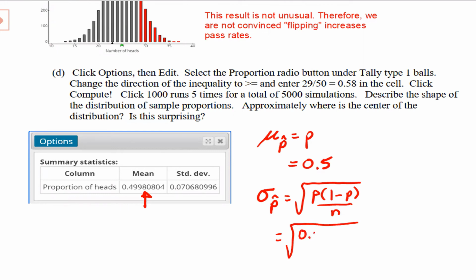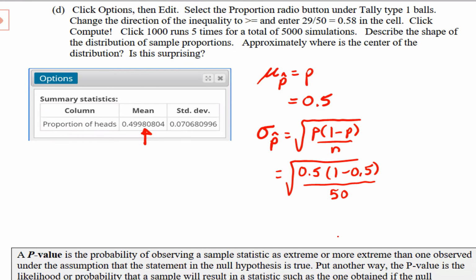Well, we know p is 0.5, and we know our sample size is 50. If I compute that value, guess what it's going to be close to? 0.07. Let's see. And lo and behold, this is approximately 0.071, which is what we're seeing there as well. In fact, it's 0.0707, which is exactly what we're seeing there.